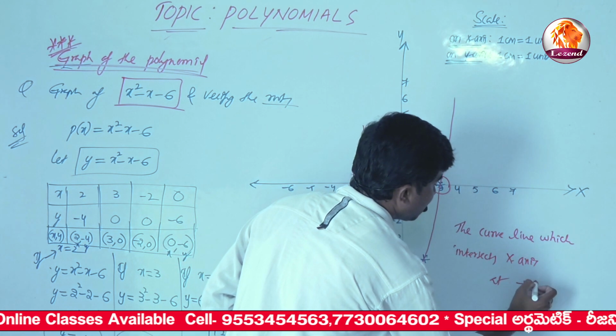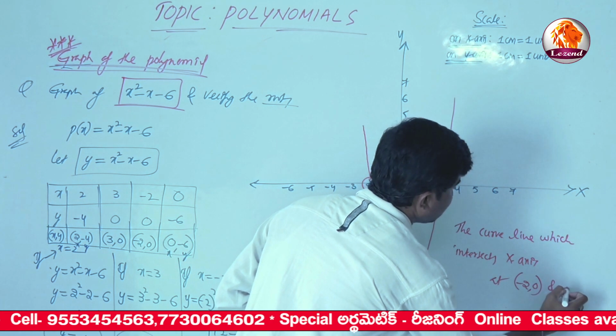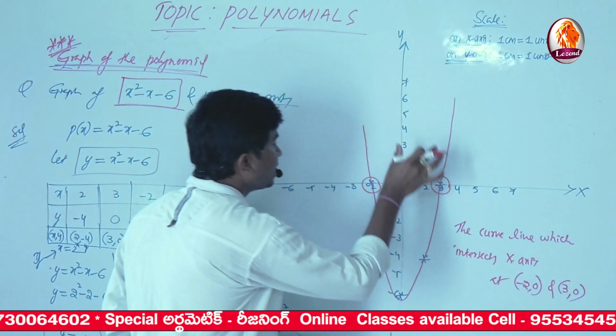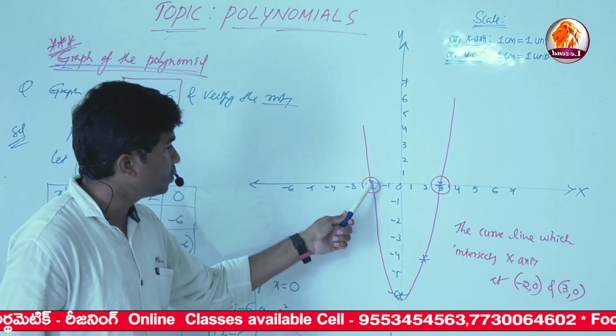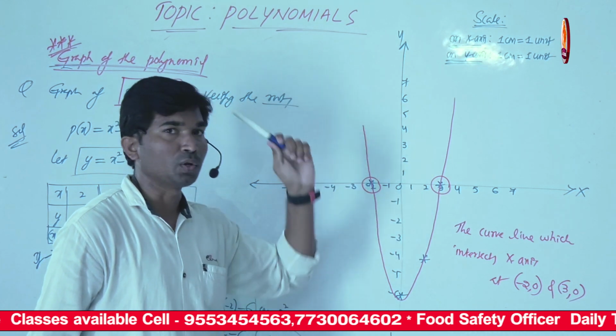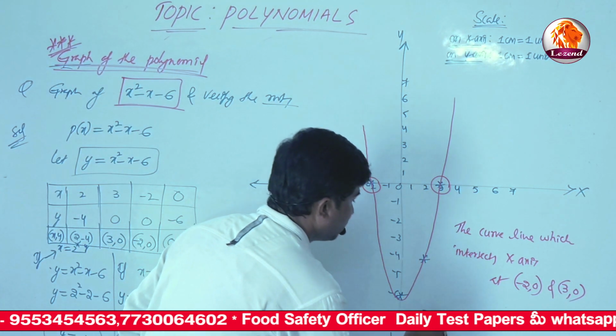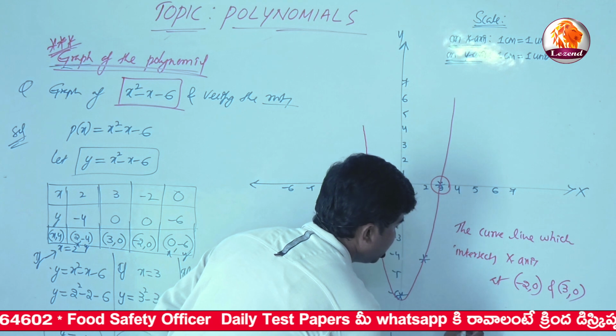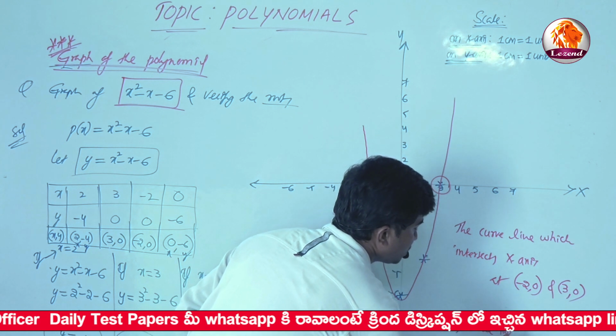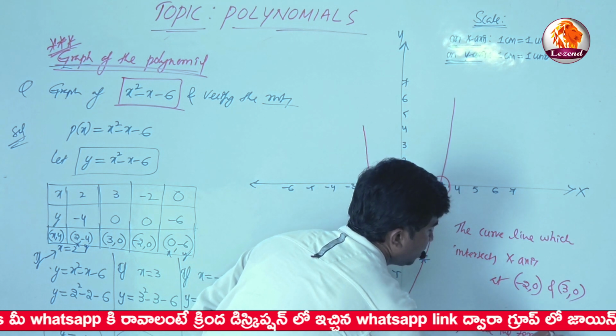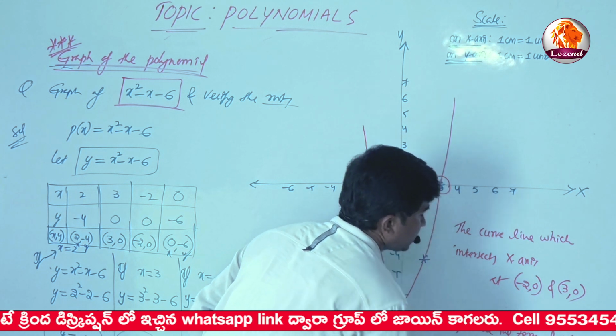So minus 2 comma 0 and 3 comma 0 are nothing but the roots. Minus 2 and 3 are the roots of the given polynomial. Therefore minus 2 and 3 are the zeros of the given polynomial p of x.